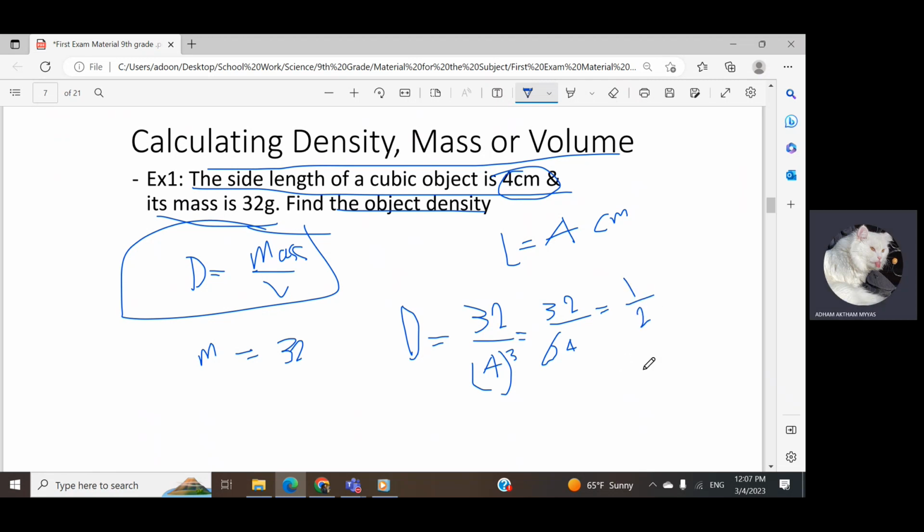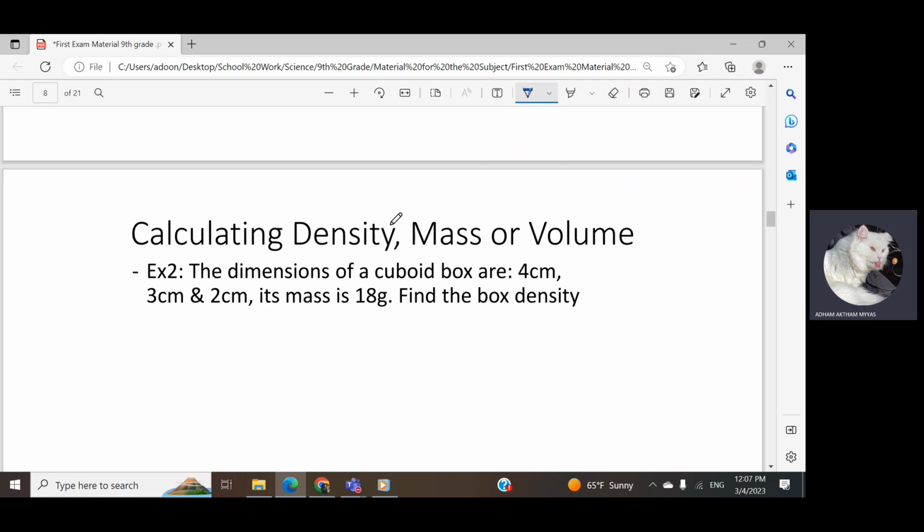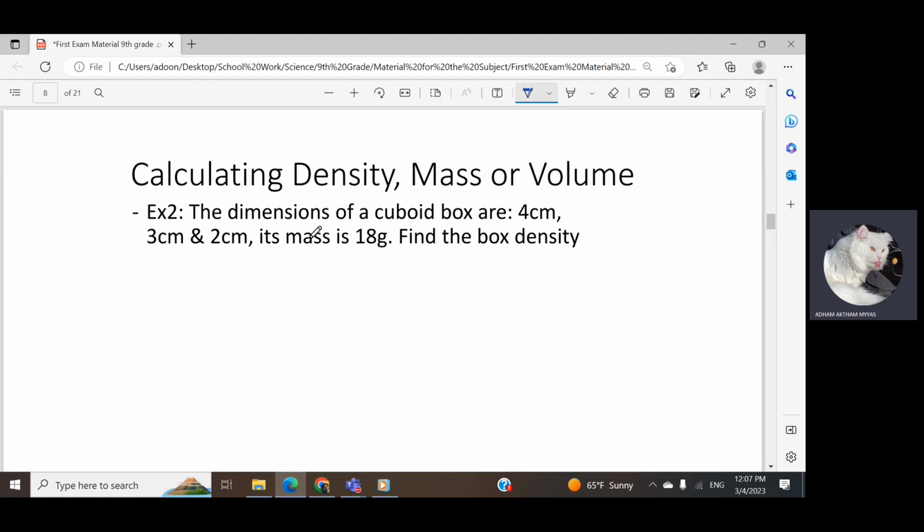So the answer is half, but we don't have to miss that the units here will be gram per centimeter cubed. So it's an easy question, a straightforward question.